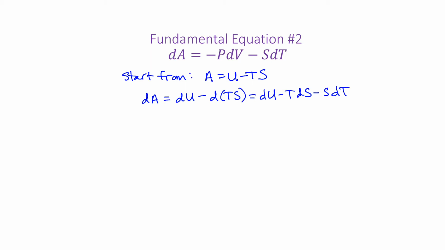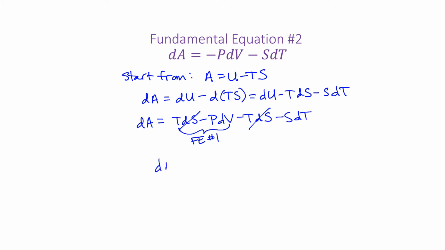So we end up with dA equals T dS minus P dV minus T dS minus S dT. Remember, this is our fundamental equation number 1. Then we simplify things. We see that this cancels, and we are left with dA equals minus P dV minus S dT.